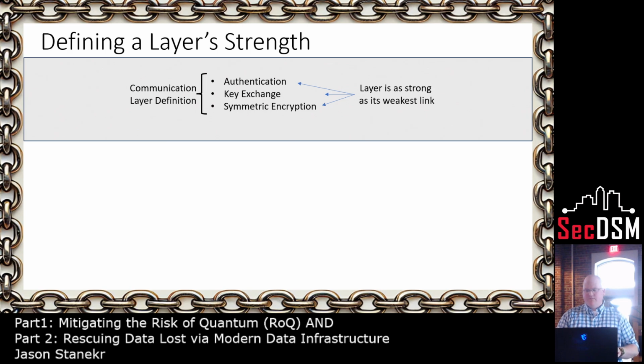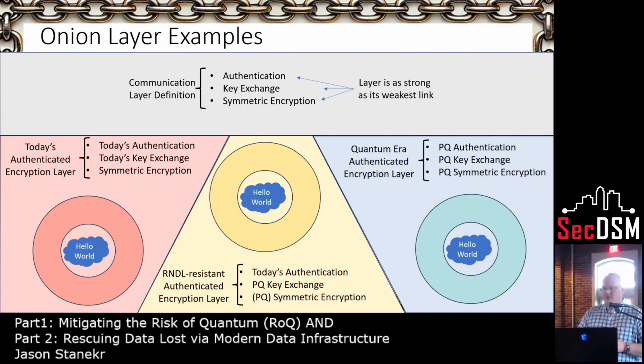So how do we best mitigate the risk that changeover represents? Here are three possibilities for a communication layer. In the pink or the red, there is what we have today. In the yellow is a possibility for resisting record now, decrypt later.